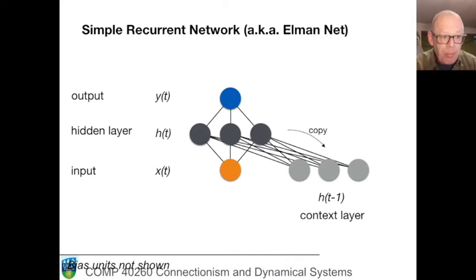The copy business and the business of putting in an extra layer allows us to still use feed-forward computation. But what's being fed forward is a previous record of the internal state of the network, not the whole state, just the hidden layers. The bias units are not shown in this for simplicity.